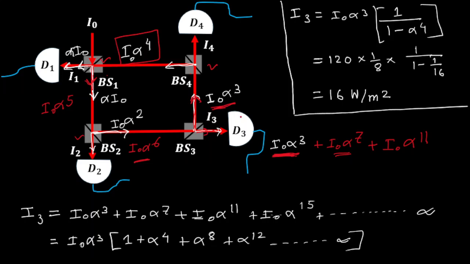So if you want to calculate the total intensity, you have to add up the intensities after each cycle. When you add this infinite number of terms, finally you will get the answer, 16 watt per meter square. I hope you understood it.